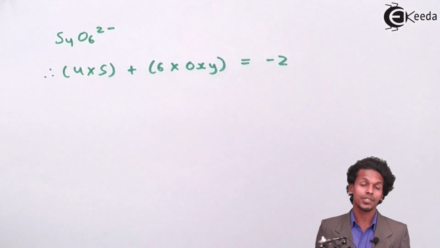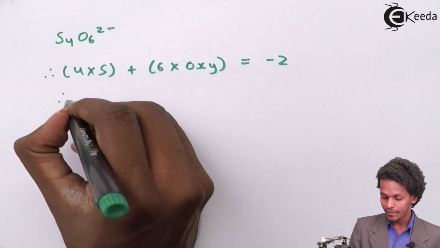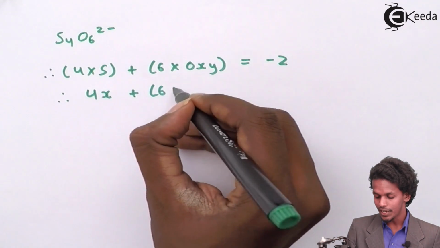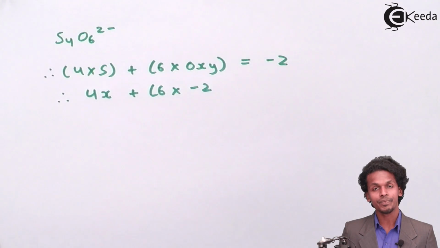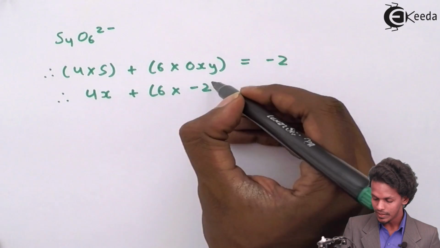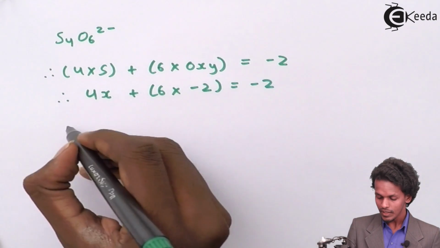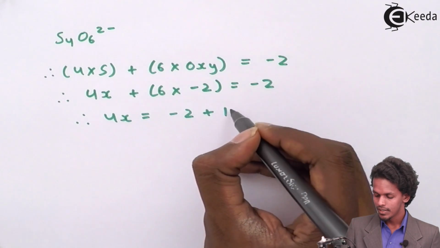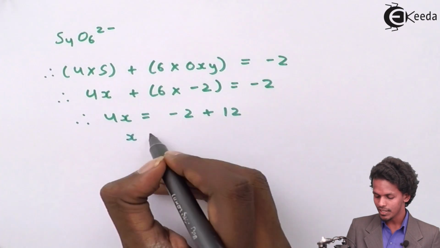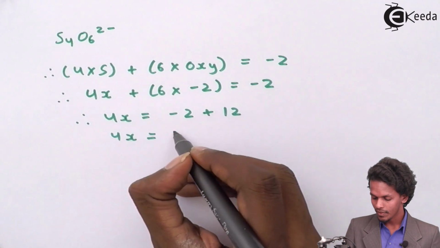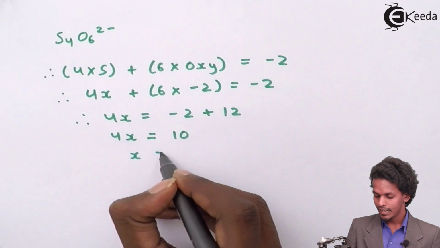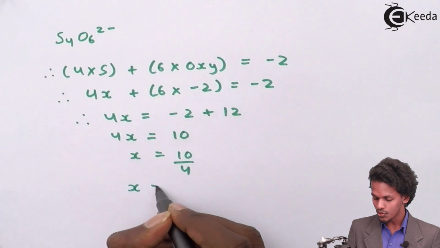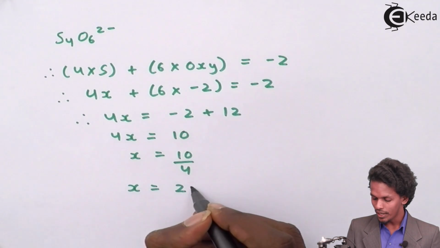So therefore I have considered the oxidation number of sulfur as x. So therefore 6 into the oxidation number of oxygen, which is minus 2. So therefore 4x is nothing but minus 2 plus 12, which is 10, divided by 4, which will give an answer of x equals 2.5.